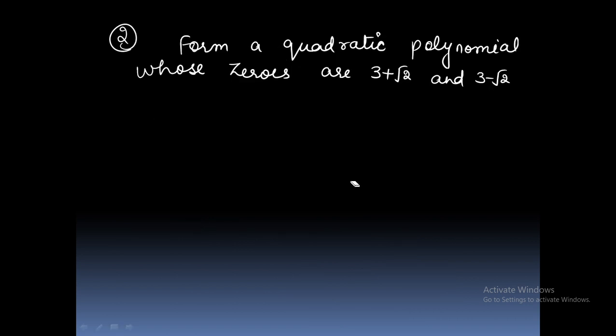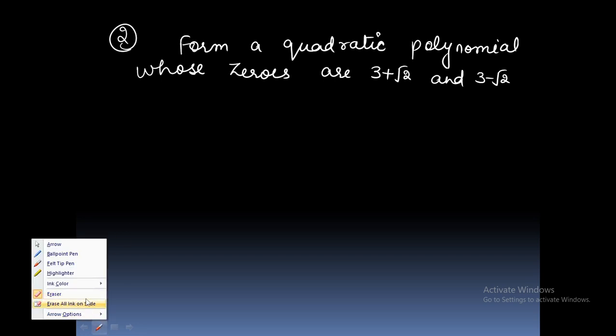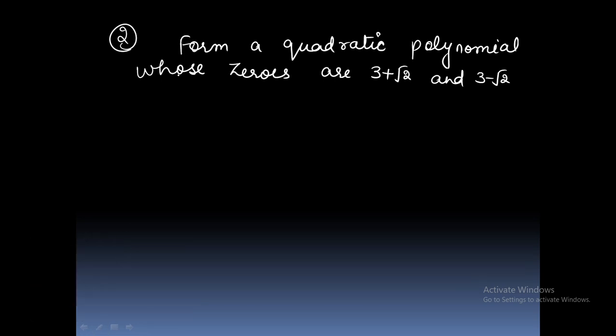Now next question is, form a quadratic polynomial whose zeros are given, 3 plus root 2 and 3 minus root 2. This question will be solved like this.